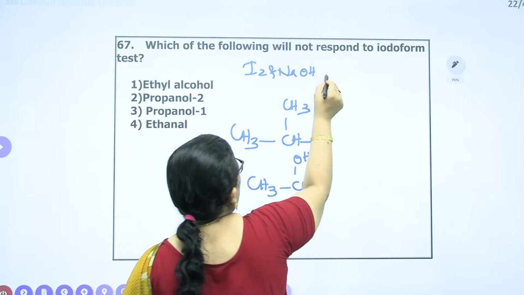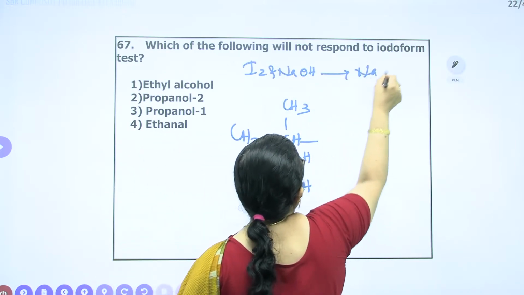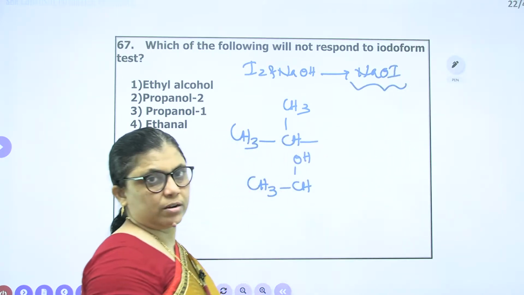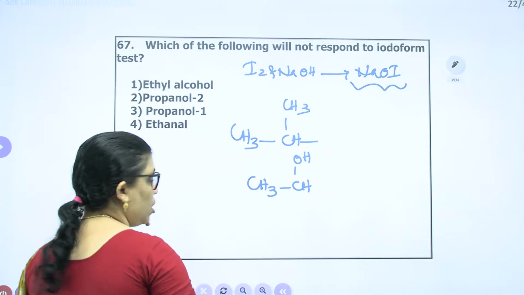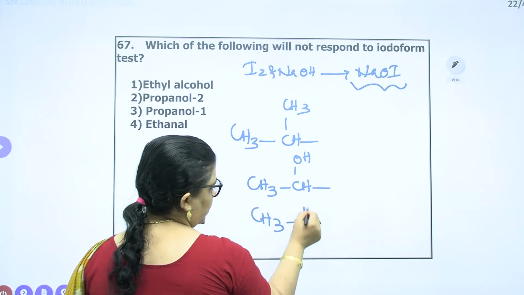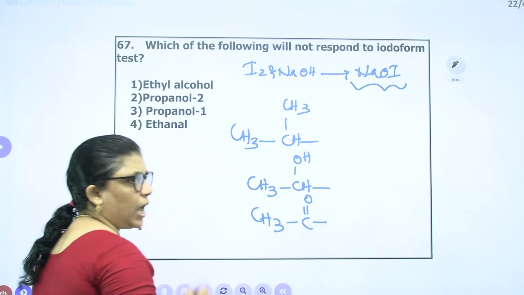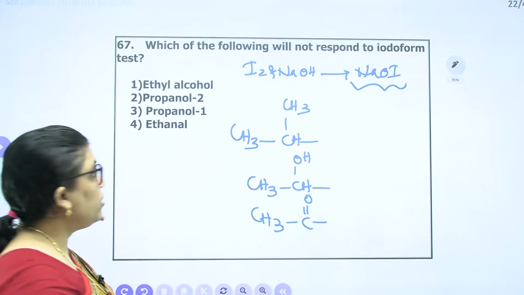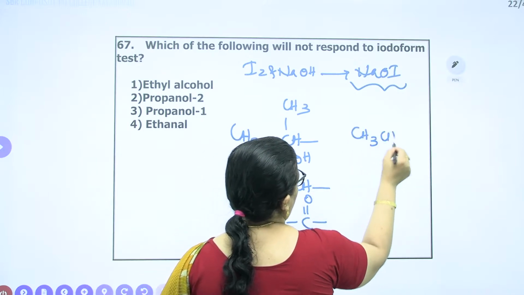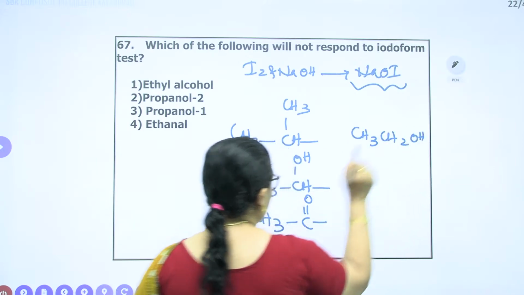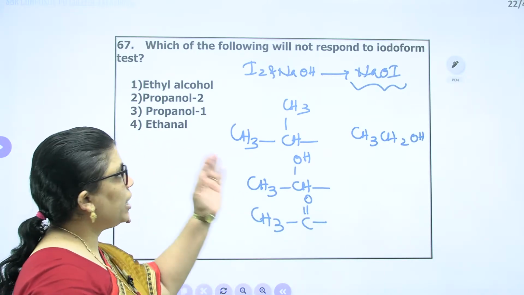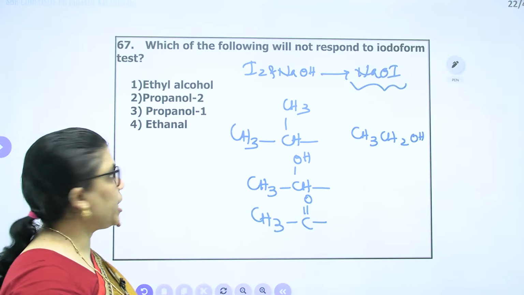We are going to get the intermediate sodium hypoiodite, which acts as an oxidizing agent, or the molecule containing a chain like this. They undergo the haloform reaction. Even ethyl alcohol, CH3CH2OH. So always remember, because this is the most expected question in the competitive exam, related especially with the iodoform reaction.